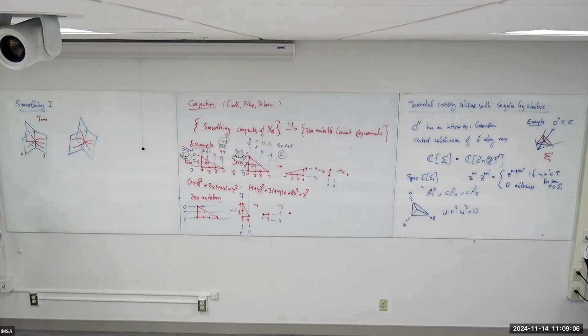Okay, I can say a few more words. At this intersection of the 3 components, it's an A1, and I have this equation for the scheme: U times V squared times W to the 3 is 0. If you want to make a deformation of the space, you will have to put something non-zero on the right-hand side. What you put there is a deformation parameter T, plus a section of LS.